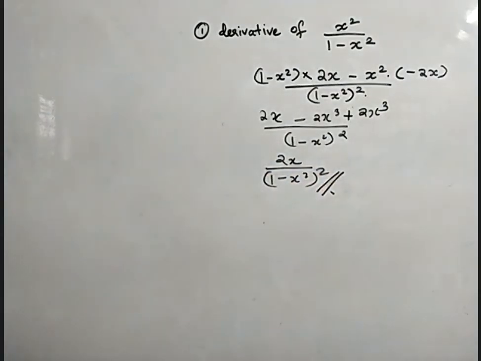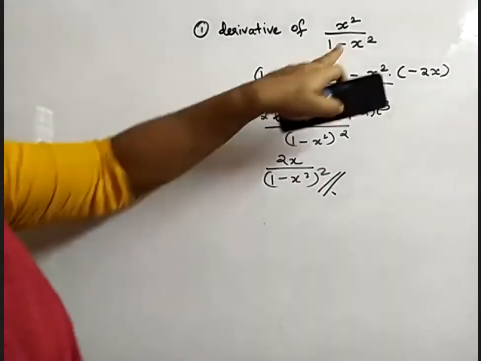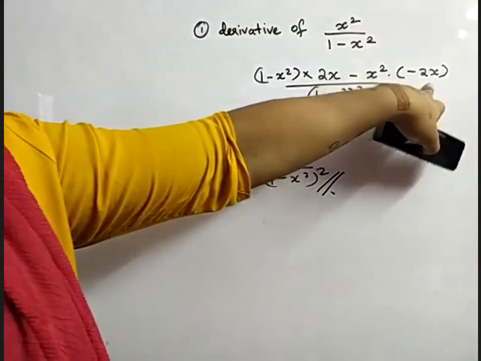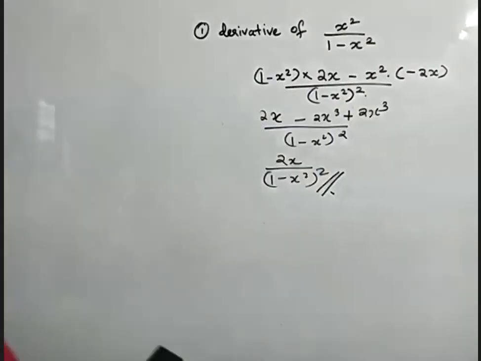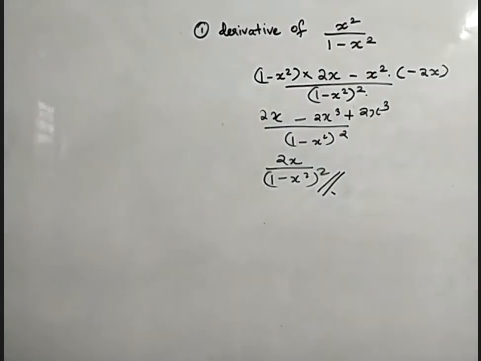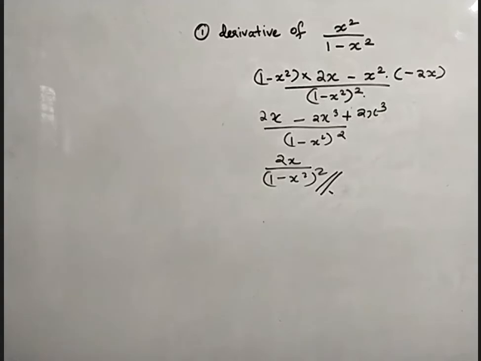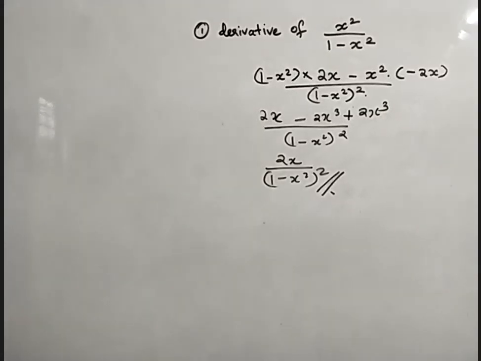Just check whether it is clear. Denominator into the derivative of the numerator minus numerator into the derivative of the denominator, divided by denominator square. Is it clear?